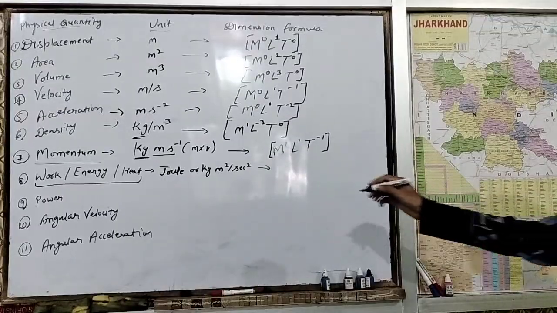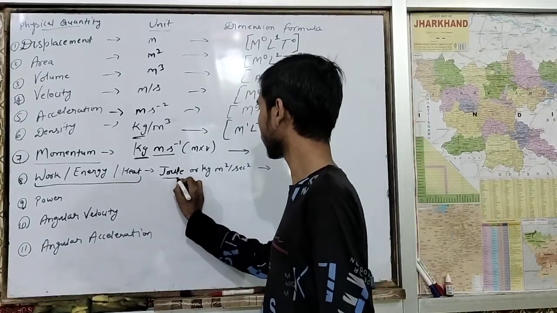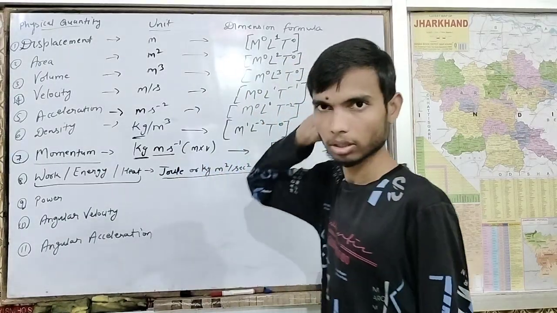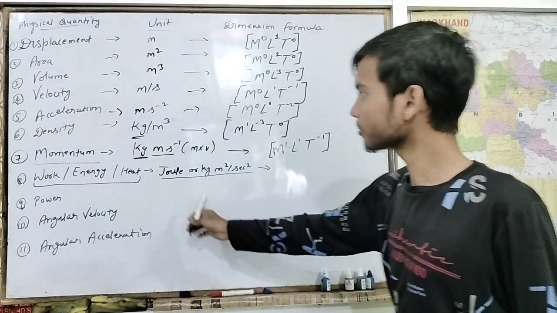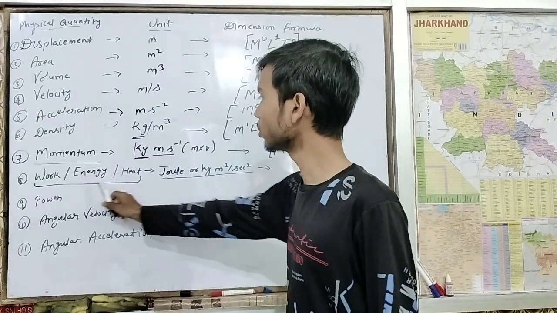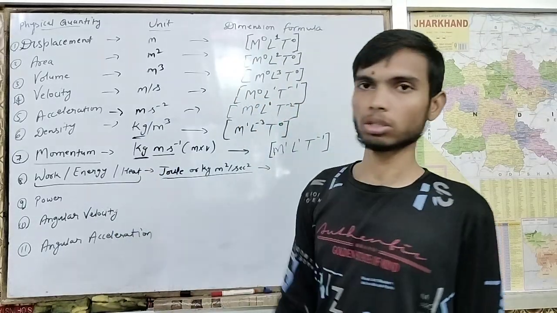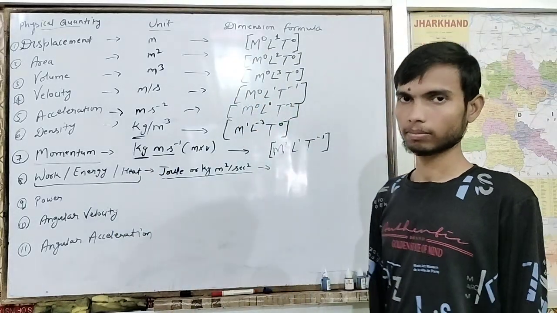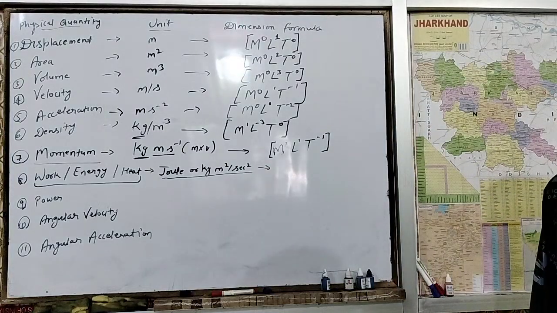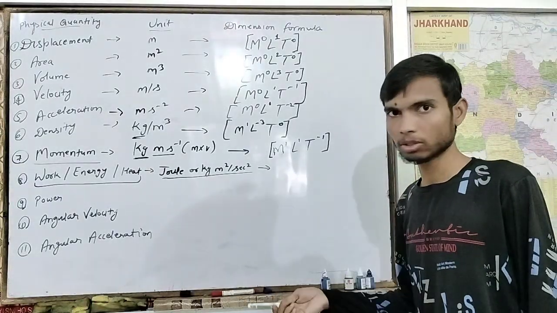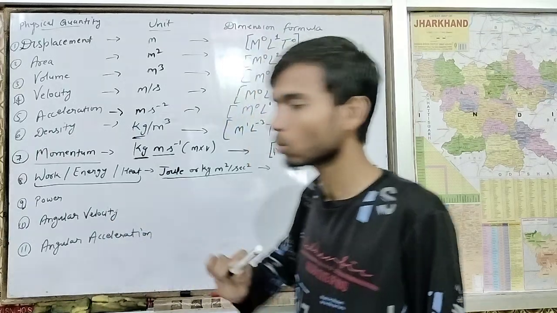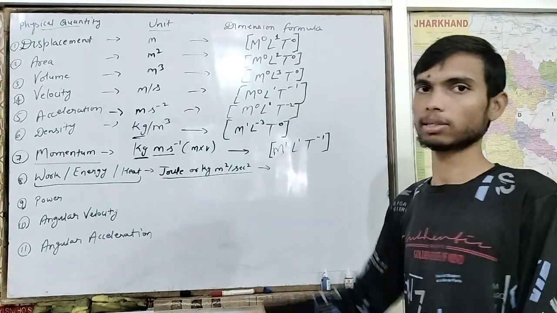This is the complete unit for work. The twist is that this is also the unit for energy, and this is also for heat. Whatever dimension I write here would be for work, energy, and heat as well.